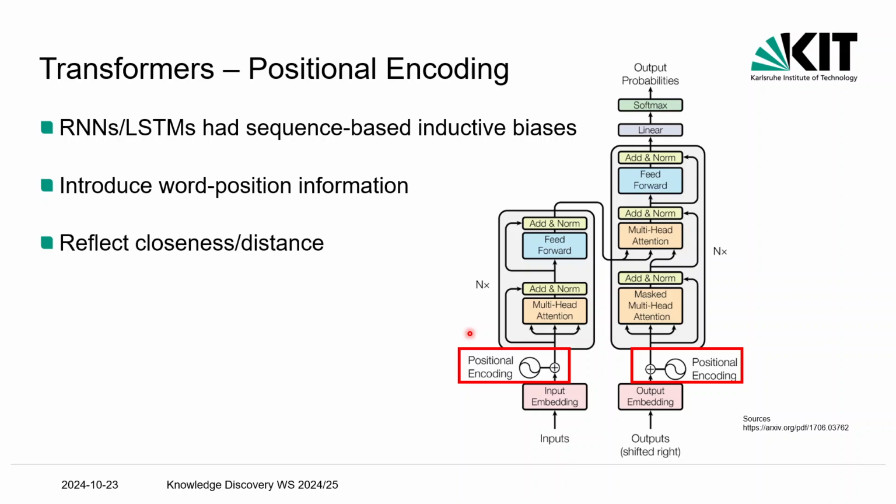But yes, we want to introduce word position information. And the idea is that the closer two words are, the closer we want it to also be mathematically. We want to be able to form a pattern that our network will be capable of identifying as well as possible, hopefully.